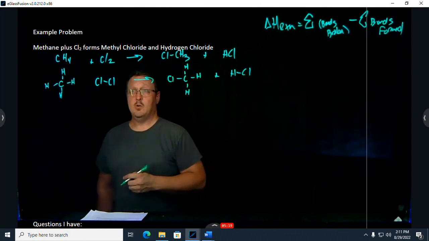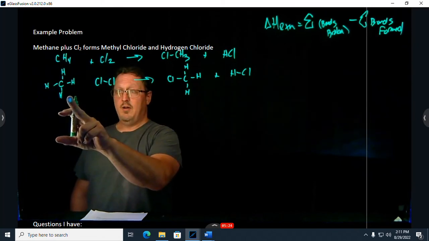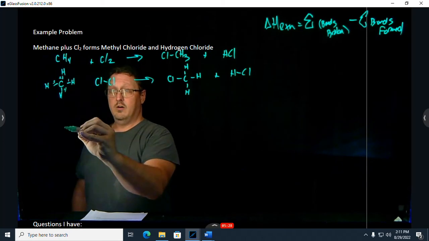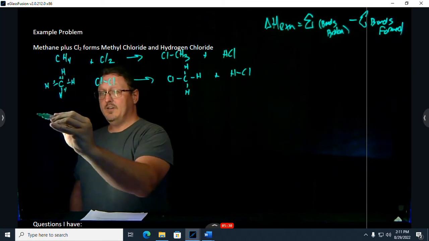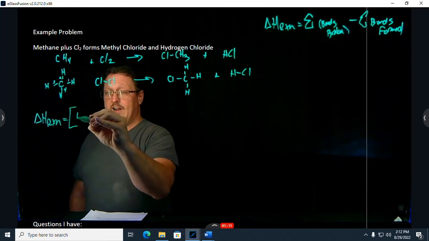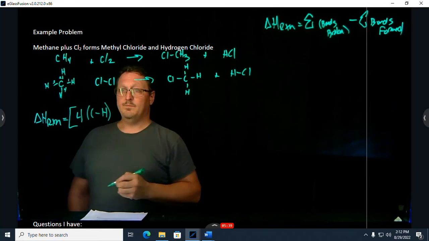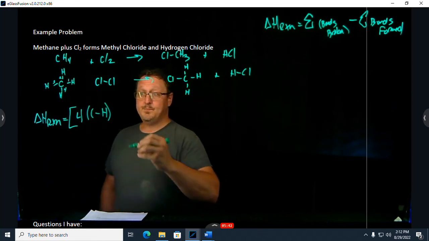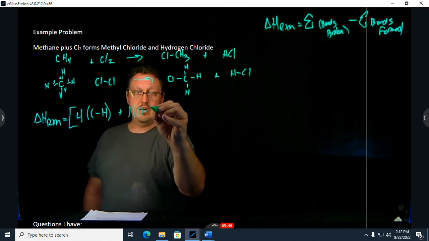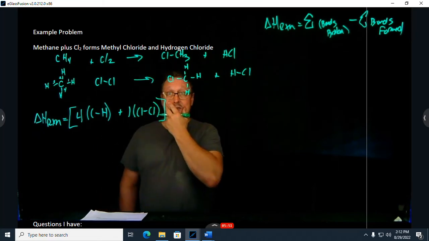Okay, so broken minus formed. So 1, 2, 3, 4. I'm going to break, so my delta H of my reaction is going to equal, I have 4 carbon-hydrogen single bonds. Those are going to be what get broken, plus 1 chlorine-chlorine single bond. Okay, that's the first thing.